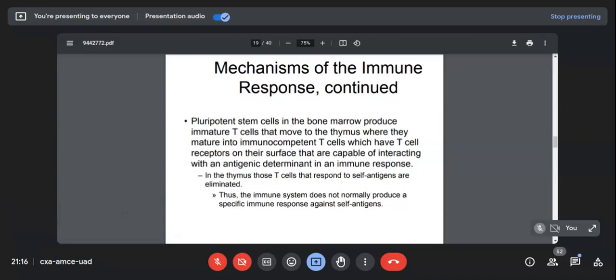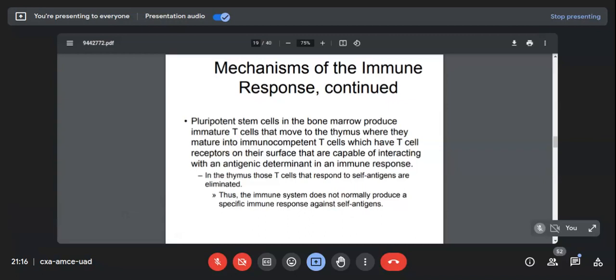There's a difference between maturation and activation. When something matures, it means it has just reached a point where it can be activated. It has grown to a state where it only needs to encounter an antigen to be activated. That's something you must take note of.